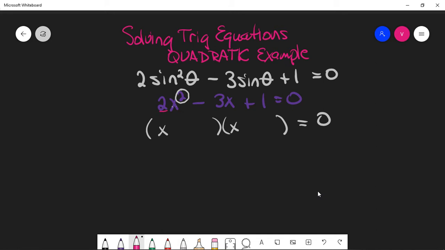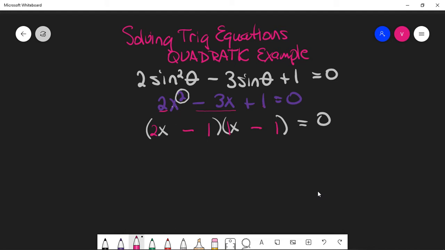And the last terms have to multiply together to be 1, so you're going to have 1 and 1 here. And they're either going to be both positive or both negative. But the outer plus the inner have to add together to be this middle term here. So I'm guessing that these are both going to be negative.